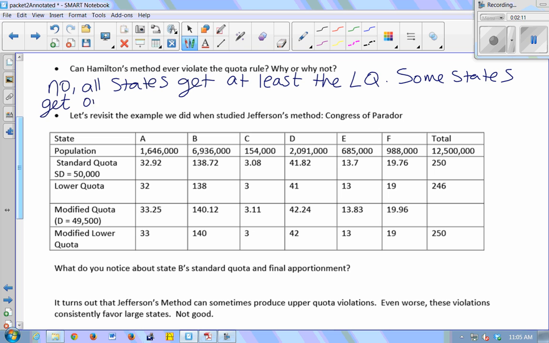So Hamilton's method will never violate the quota rule.